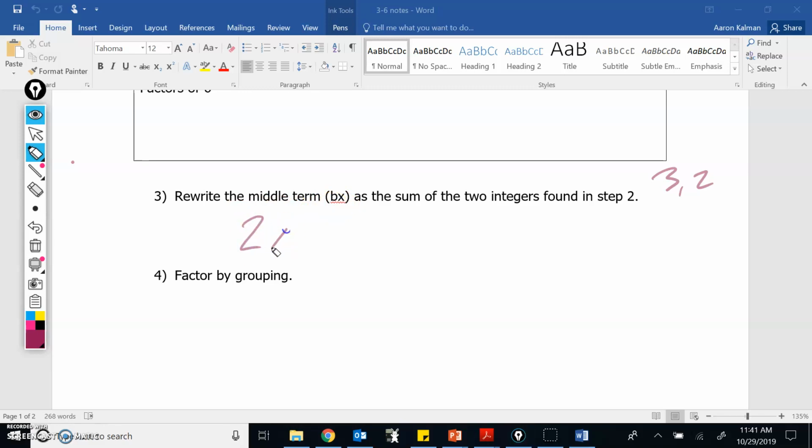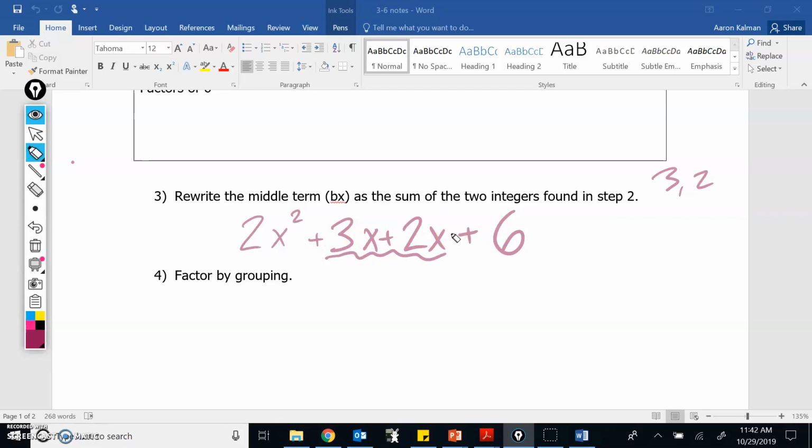So we had 2x squared. And then instead of writing the 5x in the middle, we write our two factors, 3x and 2x. And then the last c value stays the same. It was 3. So again, the only thing that changed was the b value in the middle.